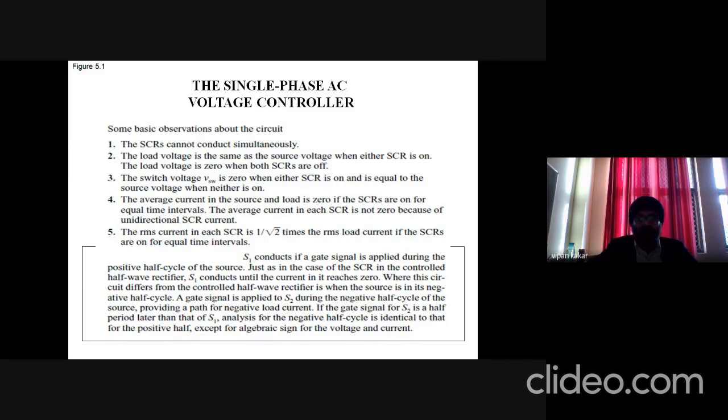So that makes a difference compared to the half wave rectifier. So in that case, we can calculate the algebraic output of the voltage and current.